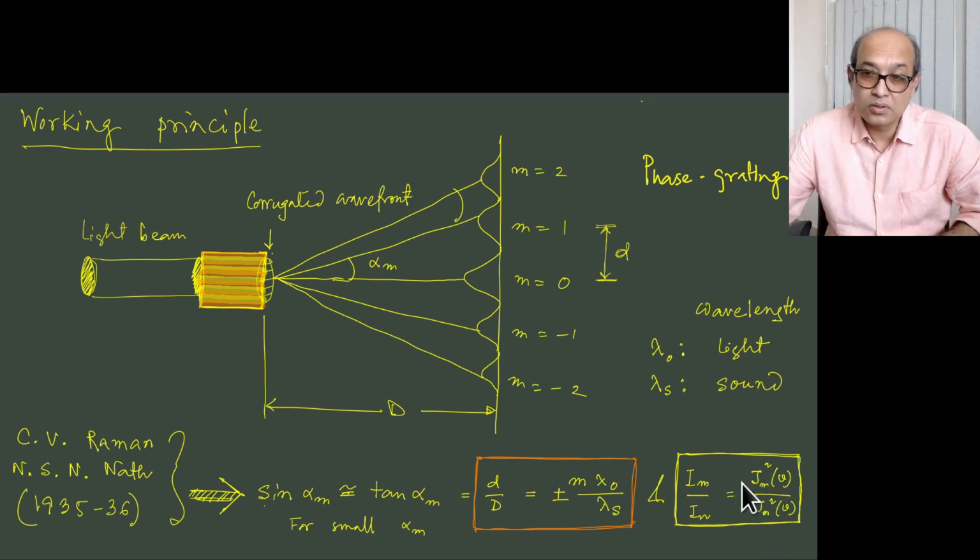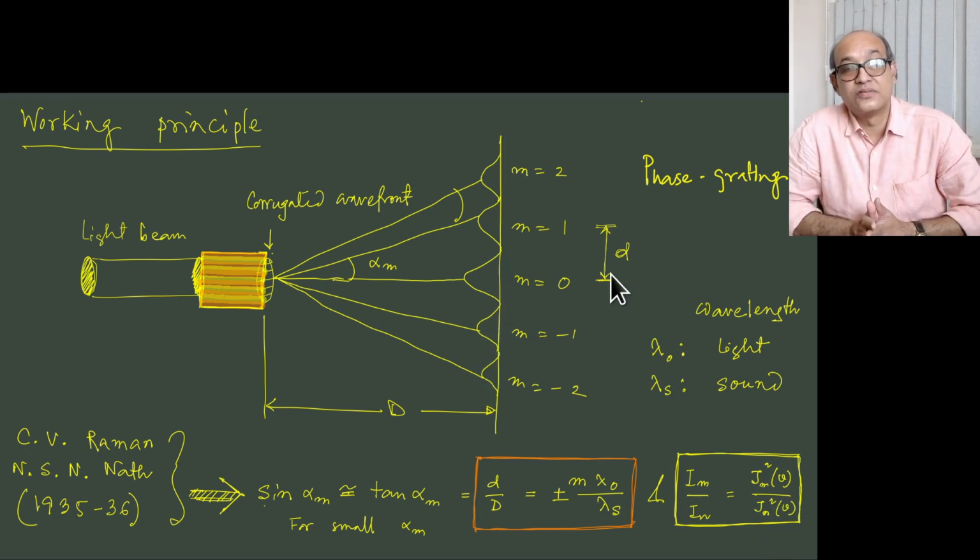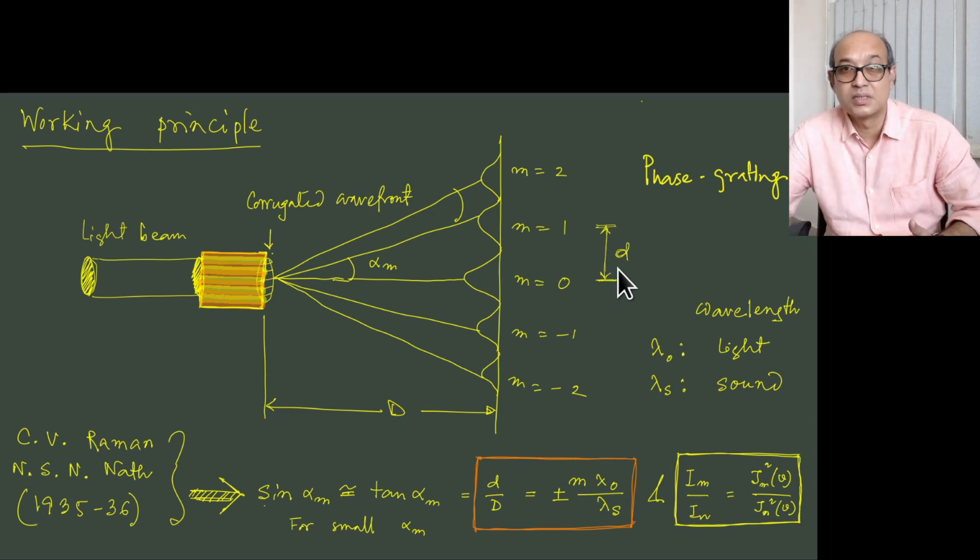This is an important relation simply because the intensity ratio in case of the Raman-Nath effect is very different from what you expect in case of the simple Bragg reflection. In case of Bragg reflection, you do have a similar relation that sine alpha m is m times lambda naught by the spacing.